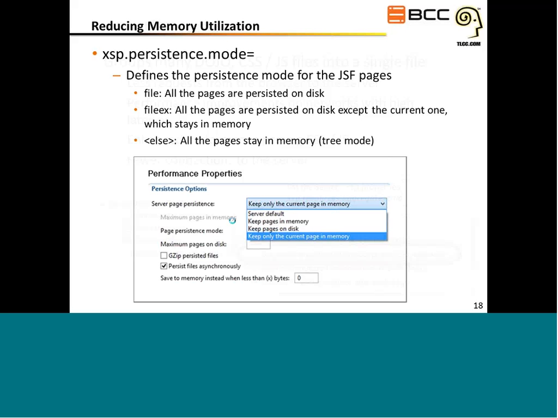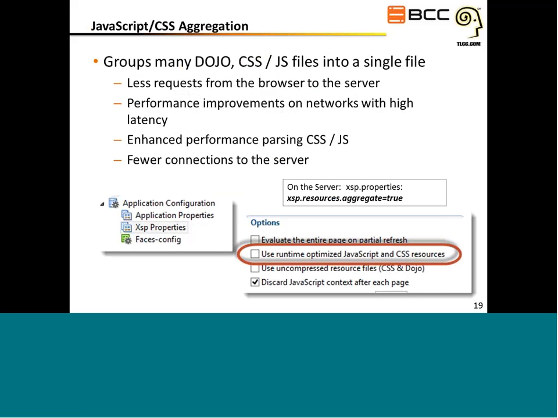JavaScript and CSS aggregation is a new function which came with 8.5.3, I guess. Prove me wrong, I think it was 8.5.3. It groups many Dojo CSS and JavaScript files into one single file. This means we have fewer requests from the browser to the server and performance improvements, especially on networks with high latency.